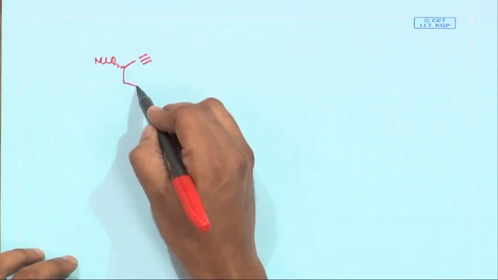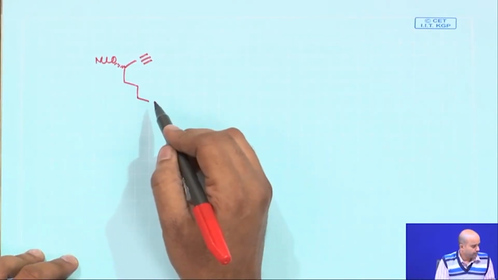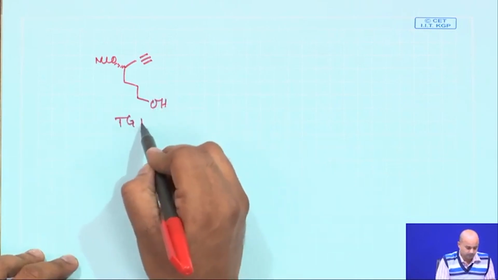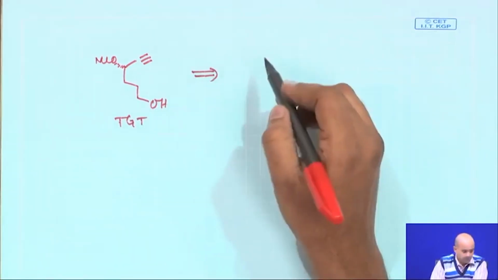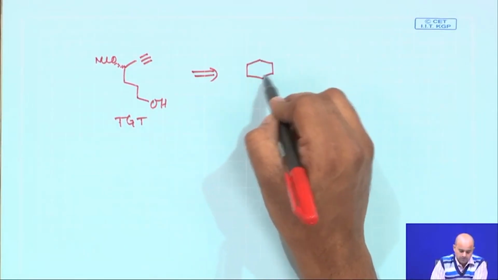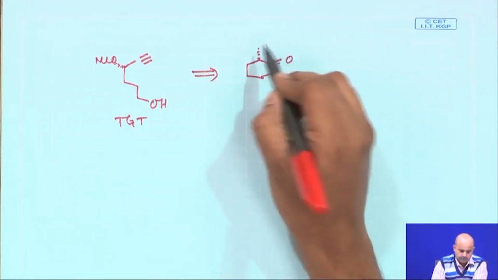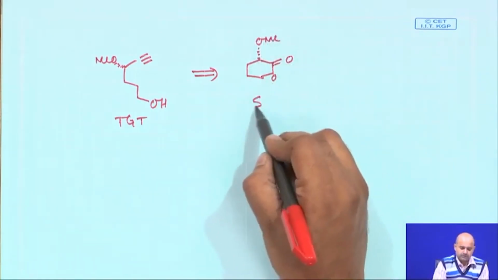We will just give you the target molecule having CH2, CH2, CH2, OH. So, this is the target molecule which was given to you. The starting material was a lactone which was given to you.